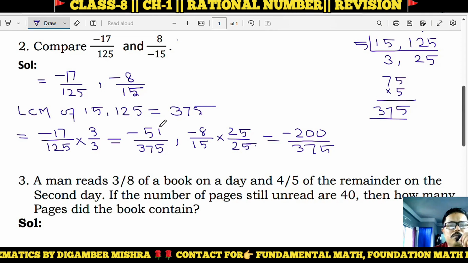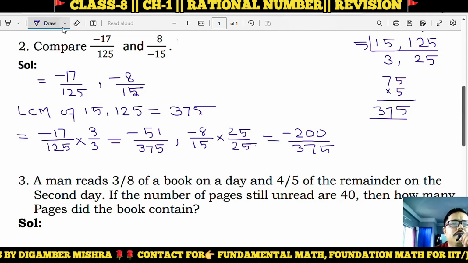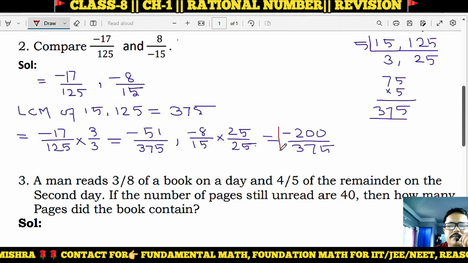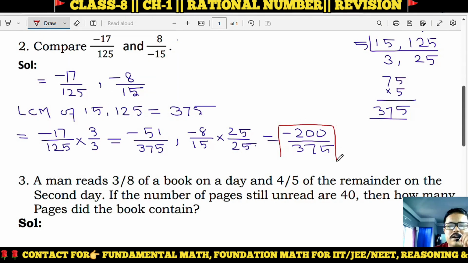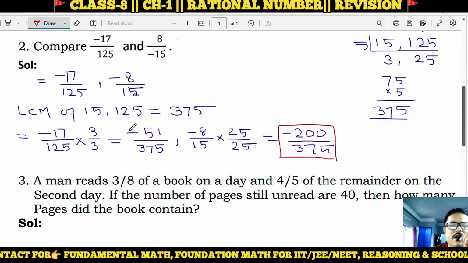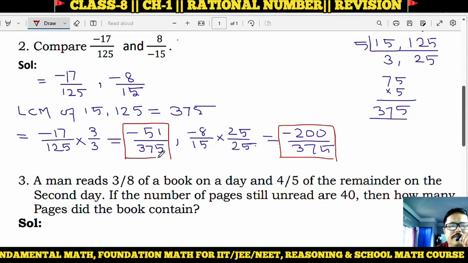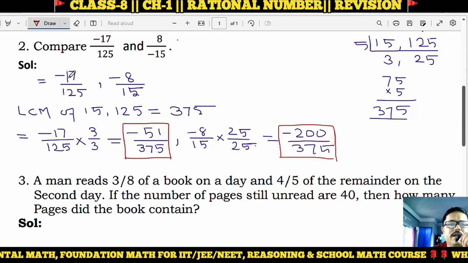Now you see both the numbers: one is minus 200 upon 375, another is minus 51 upon 375. This is for minus 17 upon 125, and this is for minus 8 upon 15, right?